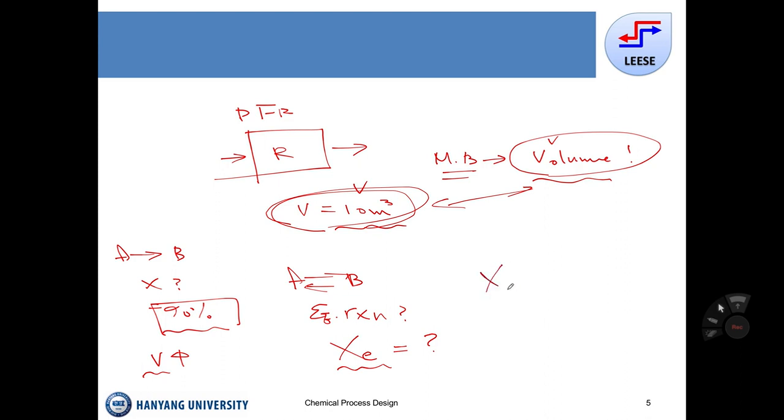So can I get the 90%? Sometimes yes, sometimes no, because that is governed by equilibrium. How do you check? We need to check the equilibrium reaction kinetics, then see whether we can achieve this equilibrium conversion, okay?